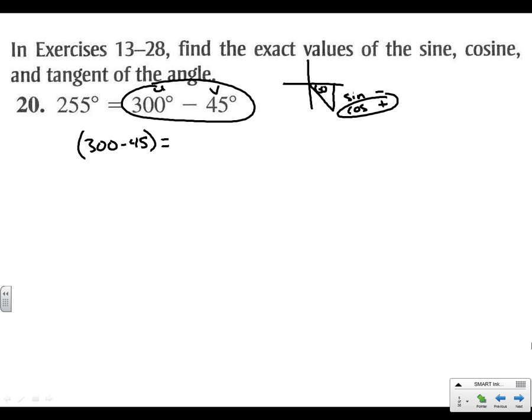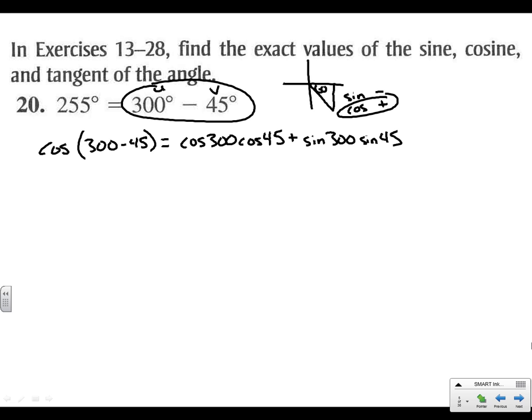All right, so the cosine of the same thing, of 300 minus 45 degrees, is cos 300 cos 45, and looking at our formula, it is a plus sine 300 sine 45. We already have these values.